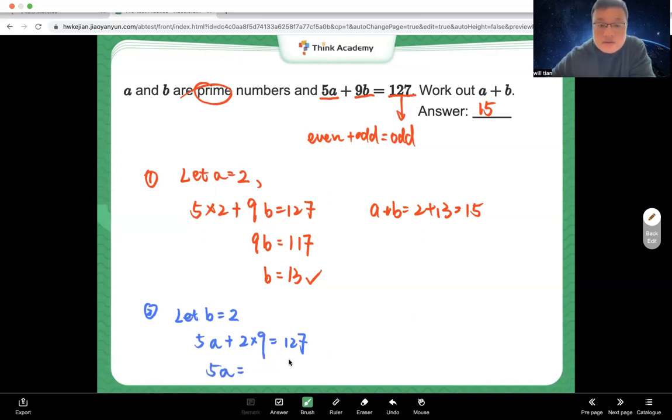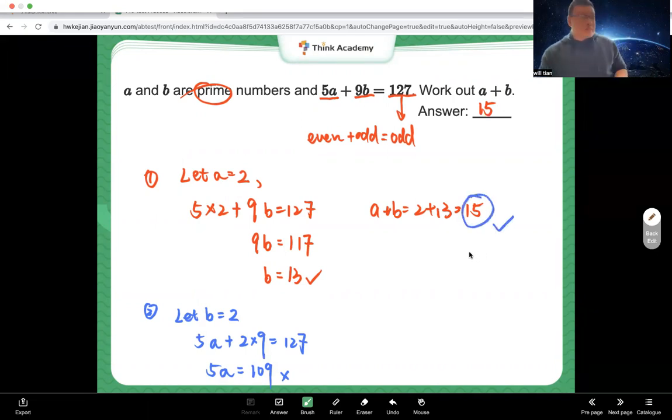If you take away 10, you got 117. Take away 8, that would be 109. Of course, it's not divisible because the last digit is not 5 or 0. So it cannot be a whole number for A. So, guys, this 15 will be the only correct answer to the question.